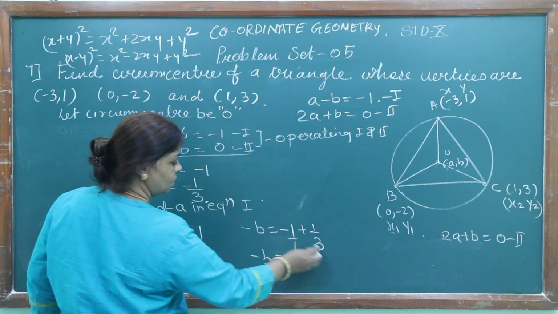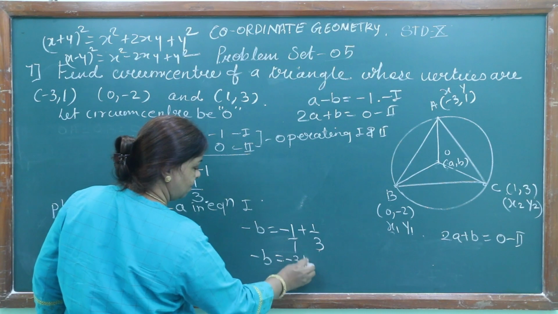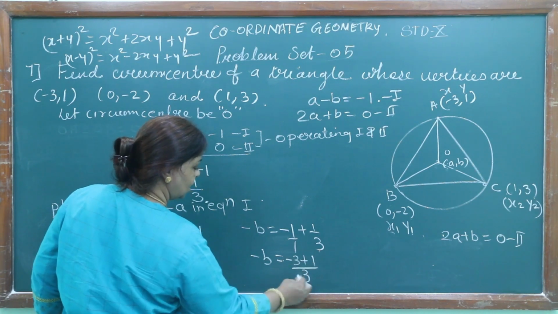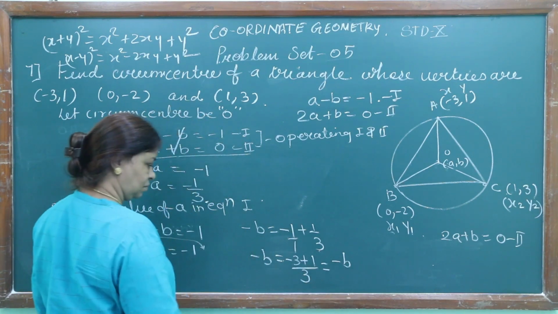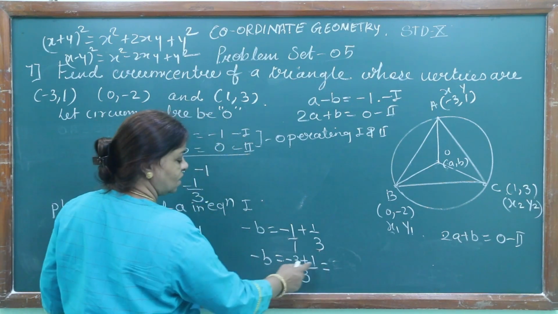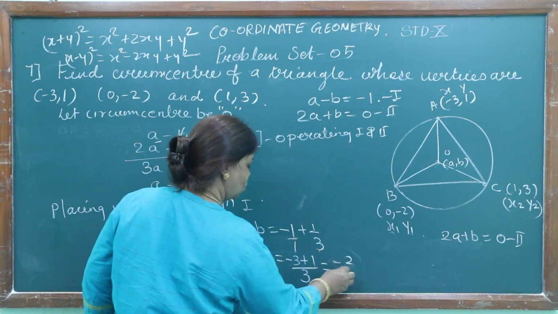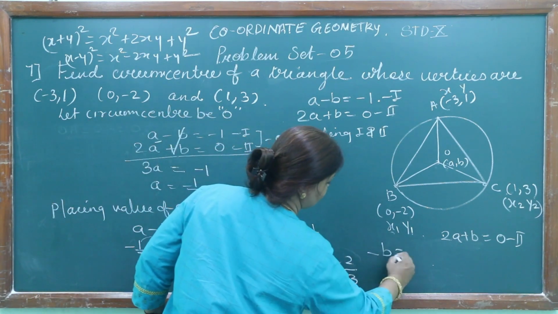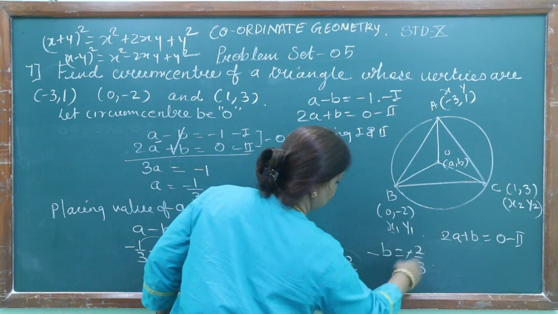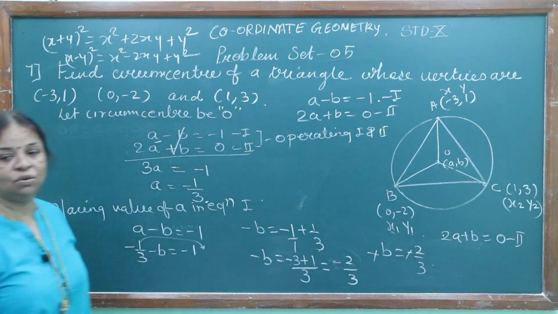Minus b, 3 1s are minus 3 plus 1 upon 3, which is equal to minus b, minus 3 plus 1, minus 2 upon 3. So minus b is equal to minus 2 upon 3. Minus minus get cancelled. So b value is 2 upon 3.